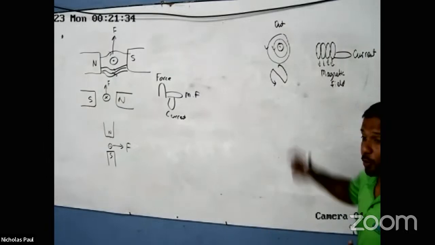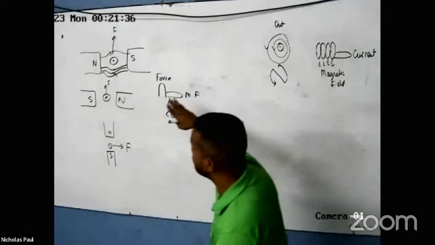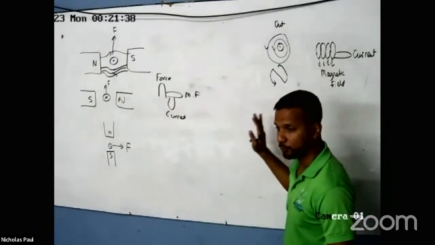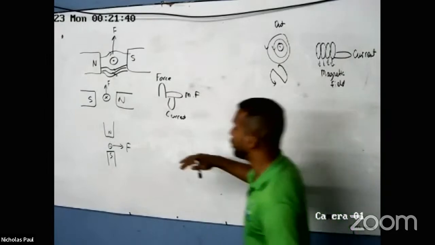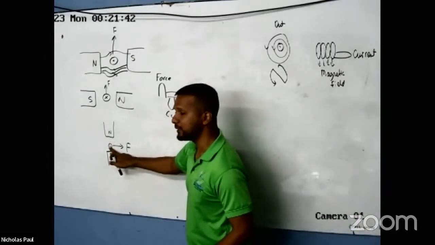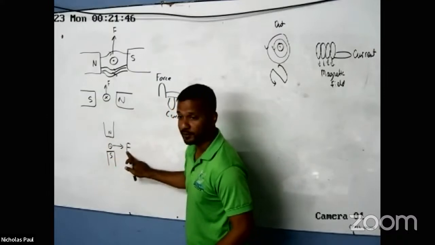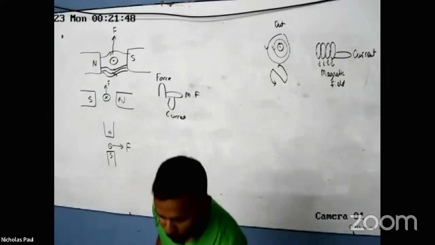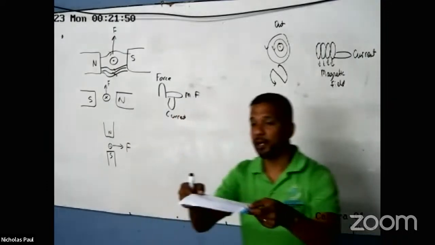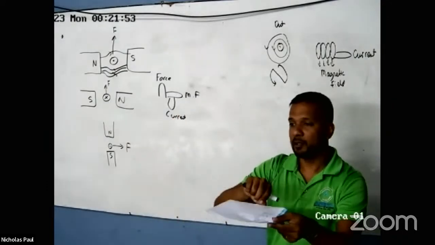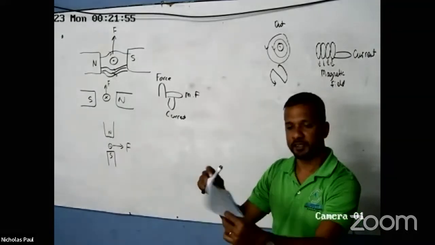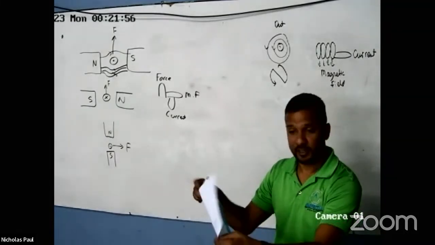So this allows us now to move into the motor. The motor is where you apply a current in a magnetic field on a conductor and you'll get force. So all the motor will do is take a coil, a current flowing coil, and allow it to experience a force that will cause it to turn continuously.